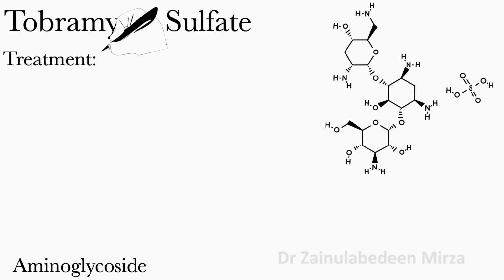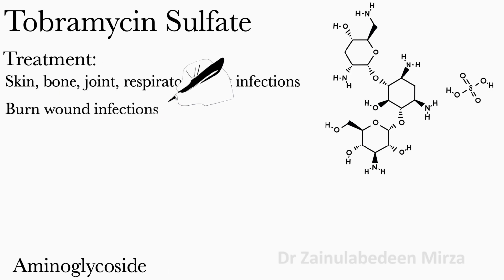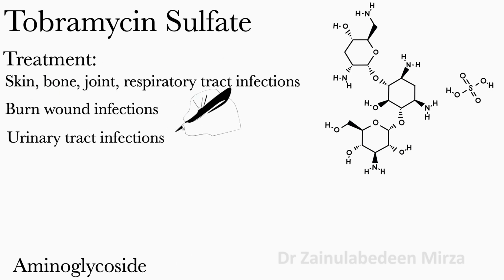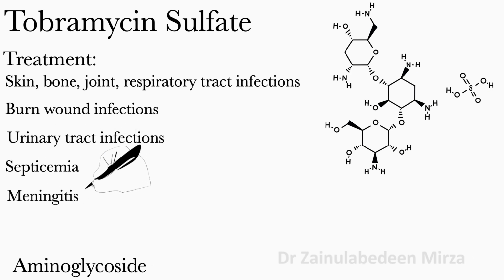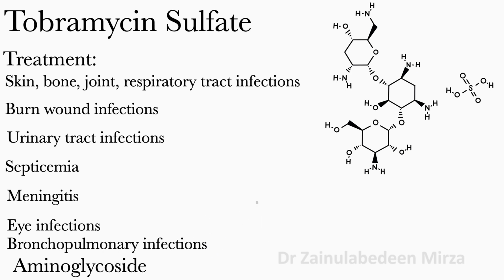Tobramycin sulfate is used to treat skin, bone, joint, and respiratory tract infections, burn wound infections, urinary tract infections, septicemia, meningitis, eye infections, and bronchopulmonary infections.